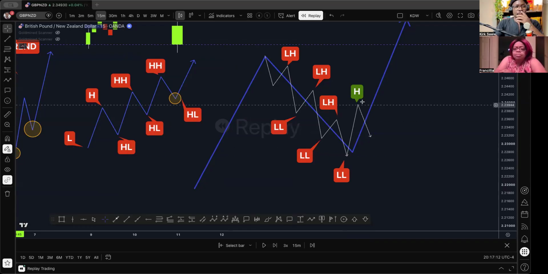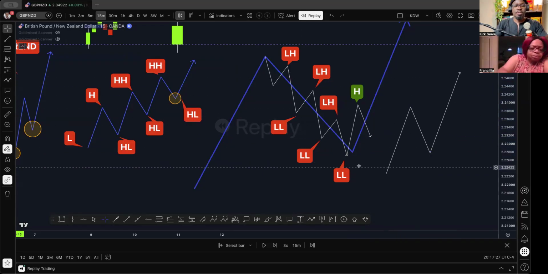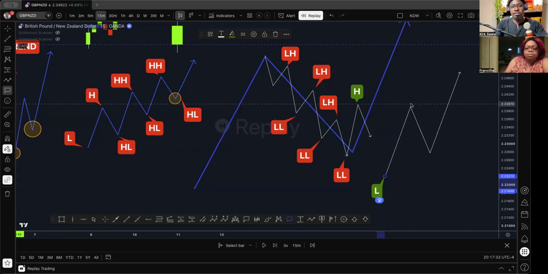Now that we have a high, if we are hoping that this changes direction, what do we want to see next? We hope that we get this, because we want price to go up. All right. So we start at a low, we get a high. What do we want?